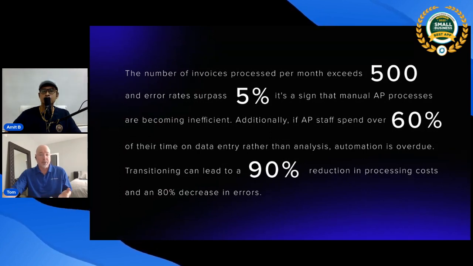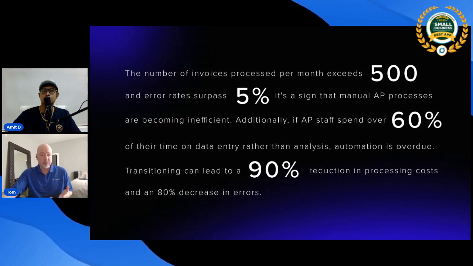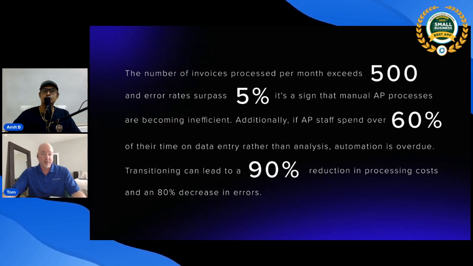When selecting an AP automation solution, implement a system that seamlessly integrates with the existing software infrastructure while offering room for growth, and that ensures long-term efficiency. Additionally, you want to make sure it has a user-friendly interface and robust support systems that can expedite adoption and maximize the benefits of automation, thus streamlining financial processes effectively.